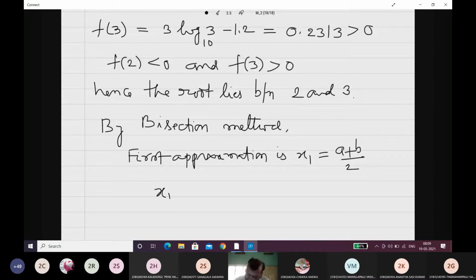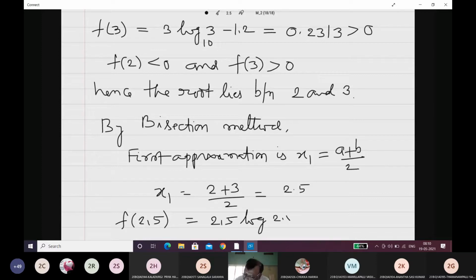Therefore, x1 is equal to 2 plus 3 by 2, that is equal to 2.5. Now again, immediately we can find out f of 2.5, that is equal to 2.5 log 2.5 base 10 minus 1.2.